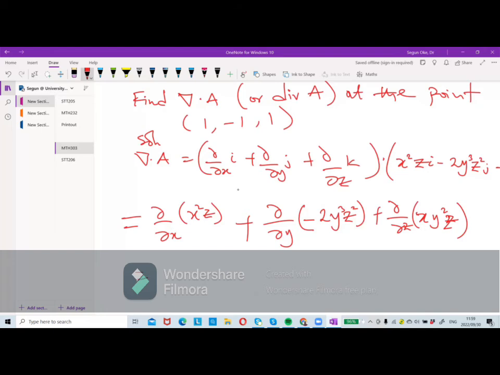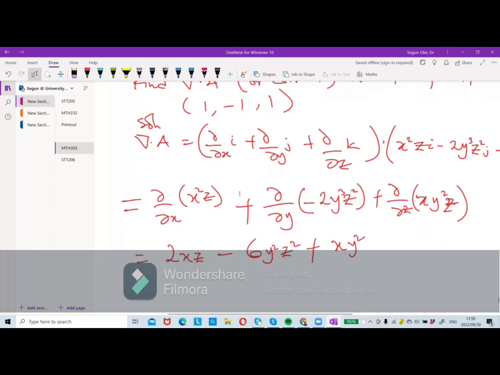Now let's differentiate this one. You have 2xz, now you have negative here, negative 6y squared z squared, plus xy squared.